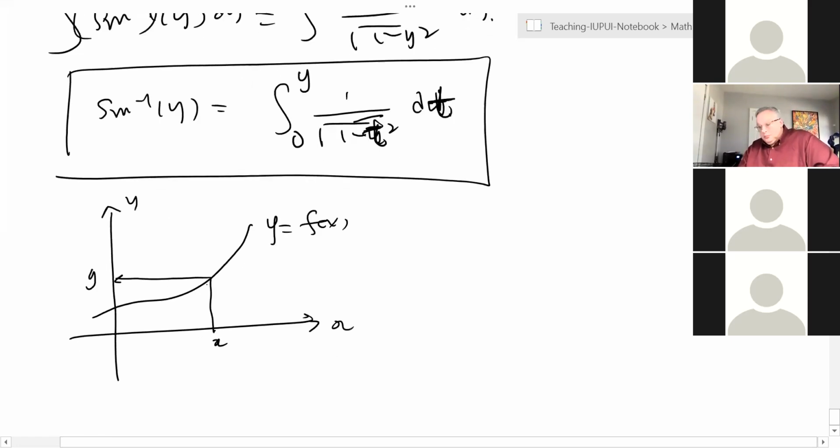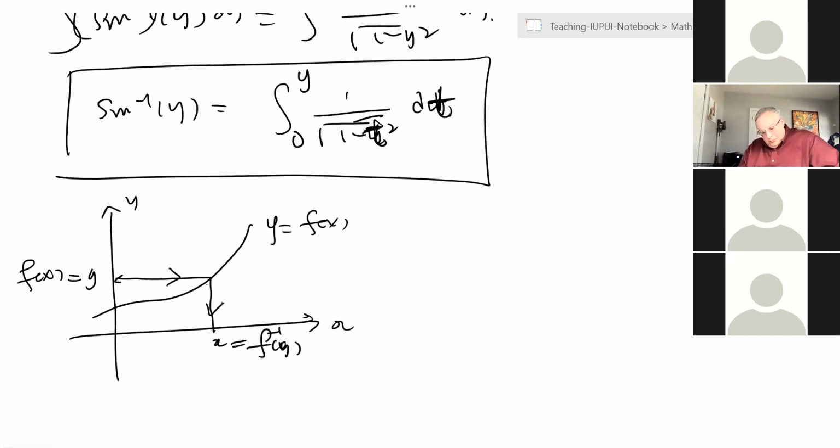Then x equals the inverse of f at y, and y equals f of x. Now, if we reverse this procedure, given y, you can get x. So x and y are related by the points on the graph. X and y are related by either of these equations.